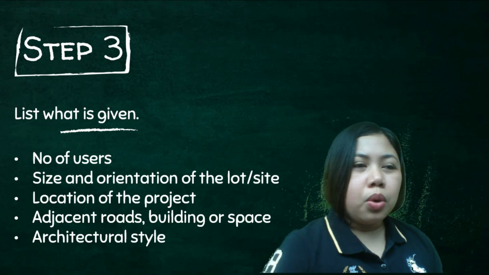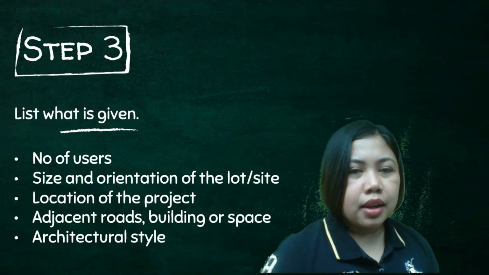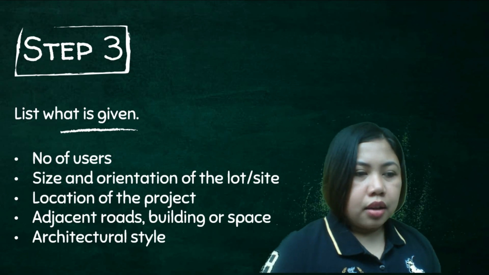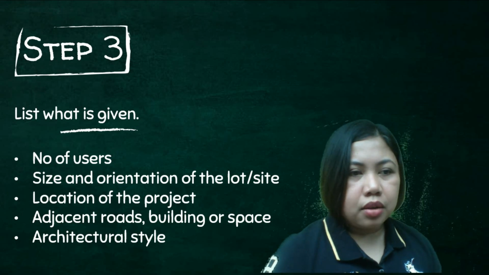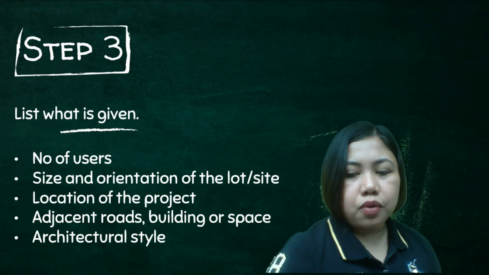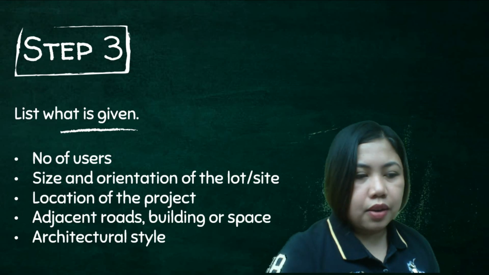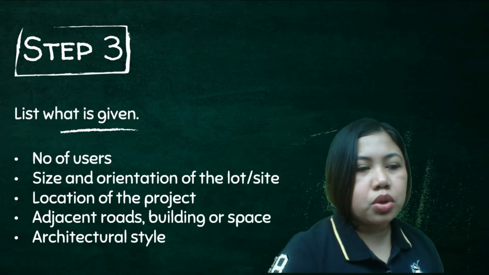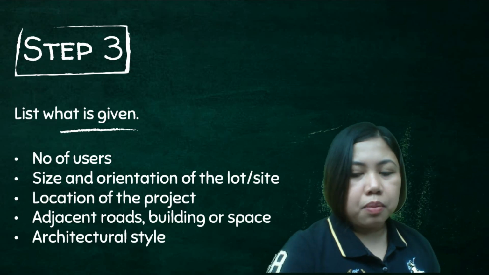So don't introduce another architectural style because it's not asked from the problem. So you have to take note of what is given because you cannot change that. It's given on the problem. So you have to use those given to solve the problem.